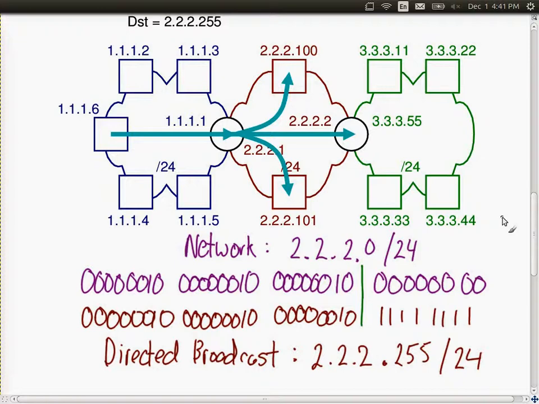Remember, the subnet mask is /24. That means there are 8 bits in the host portion. With 8 bits in the host portion, there are 2 to the power of 8, or 256 possible values. But 2 of those values are reserved. The value of all zeros is reserved, and the value of all ones is reserved, leaving 256 minus 2 possible addresses we can give to devices.